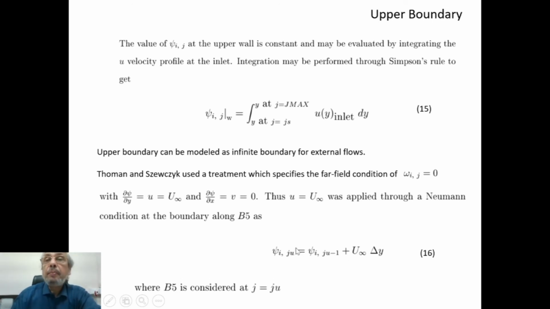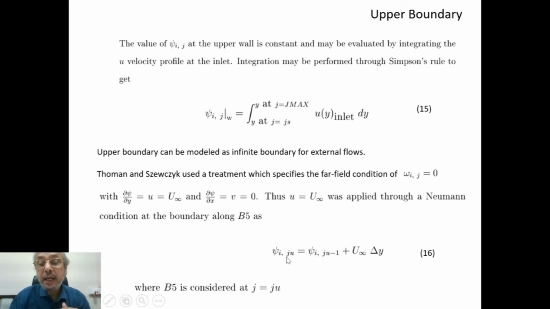So between just two neighboring layers in the far field, why I'm saying neighboring layer: the topmost layer nomenclature is Ju, and just one layer below, in the J direction of the grids, is Ju minus 1.